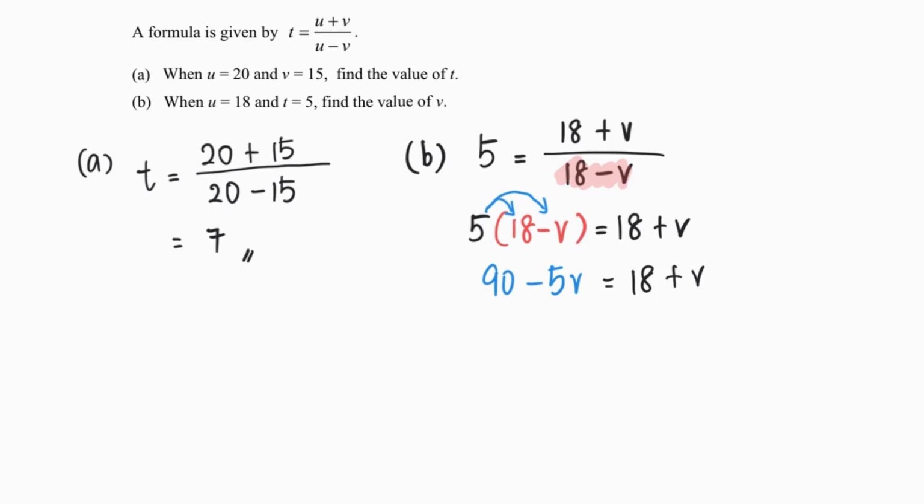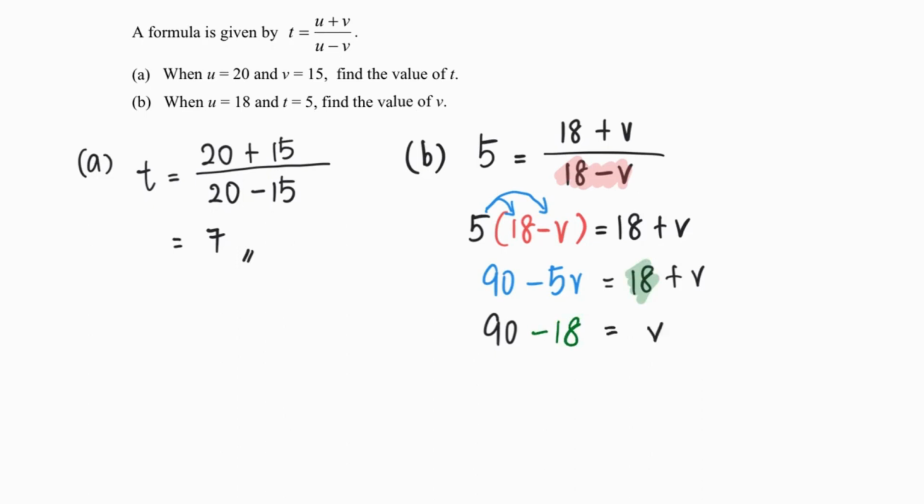I would add 5V on both sides and minus 18 on both sides. Okay? So I will still have my 90 here. You'll see that because I have my 18 here, I'm going to minus 18 on both sides, so that the other side no more.